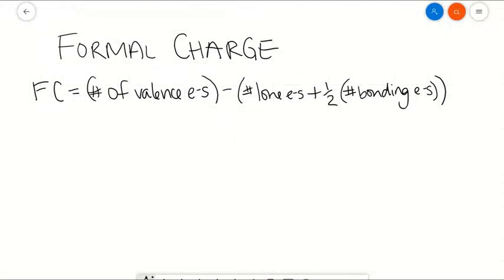Okay, so here's the formal charge: number of valence electrons minus number of lone electrons plus 1/2 bonding electrons.